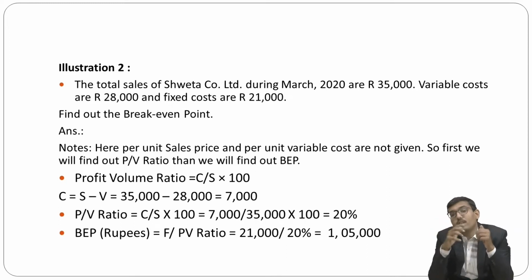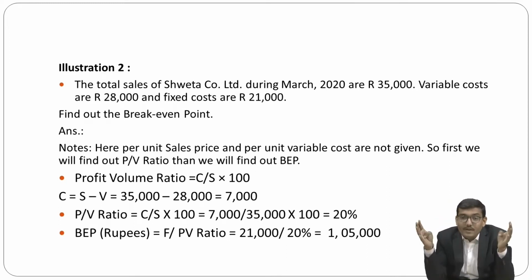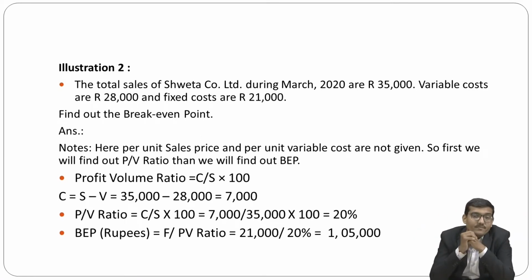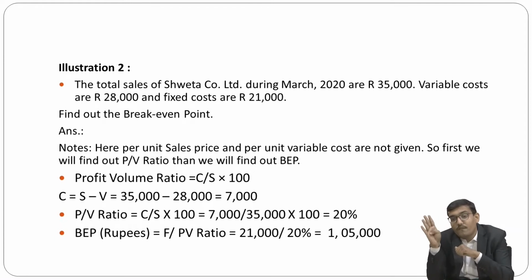In this particular sum, we describe 4 different dimensions. First is contribution. Second is profit volume ratio. Third is break-even point. And fourth is profit or loss.